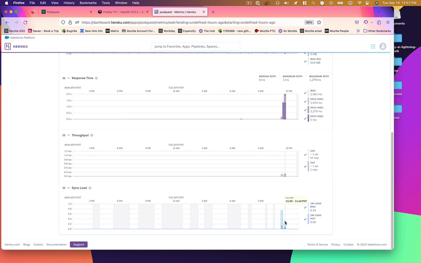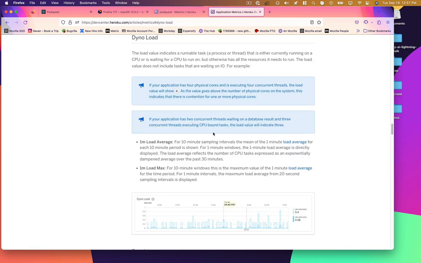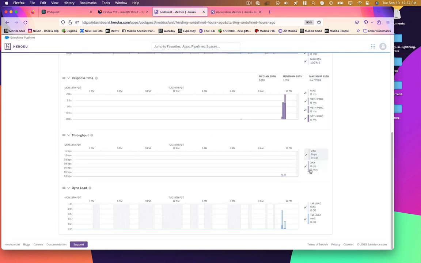Dyno load, this could potentially be something useful. Let's see what that is. A runnable task on the CPU. Average for a 10-minute sampling interval. So our average was 0.04 over a minute. So we're not putting a large load on the server.